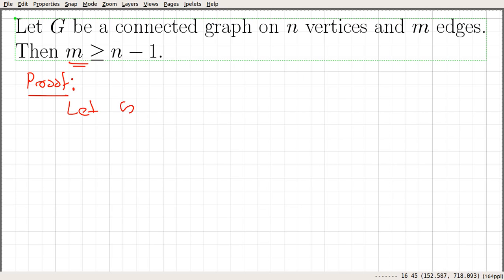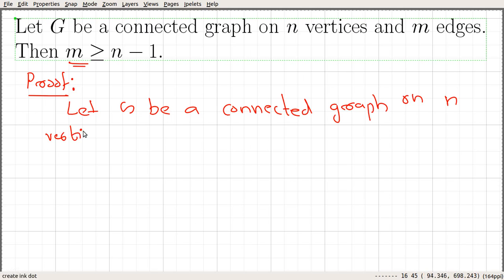So let G be a connected graph on n vertices and m edges.